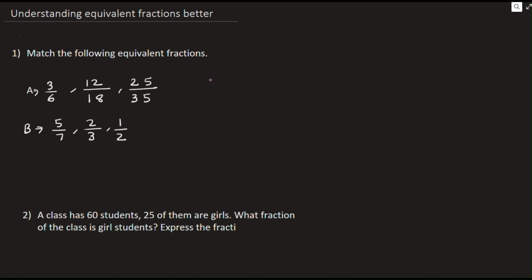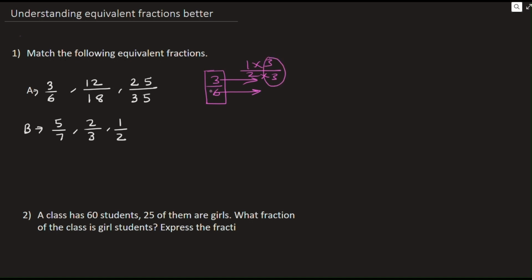So what does 3 over 6 mean? In short, what is a fraction in its lowest terms? Is this fraction in its lowest terms? The numerator and the denominator have a factor other than 1. So it is 1 times 3 over 2 times 3. So the numerator and denominator have a factor other than 1, which is equal to 3.